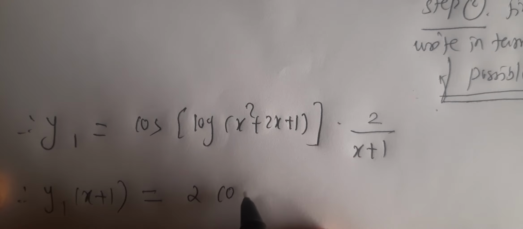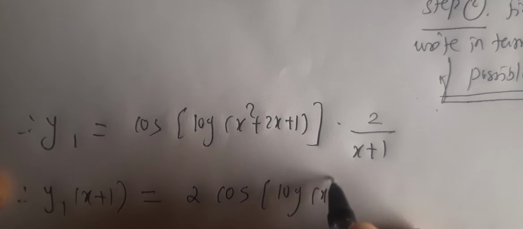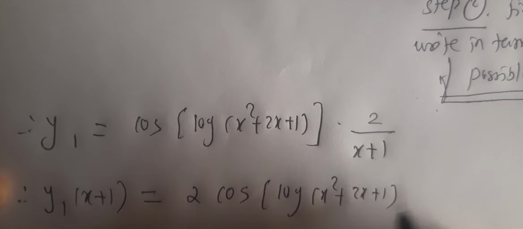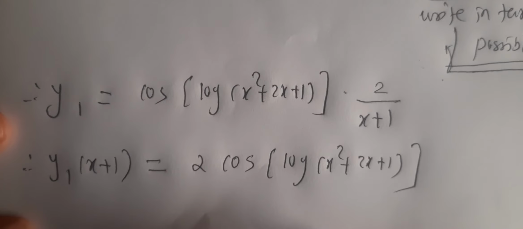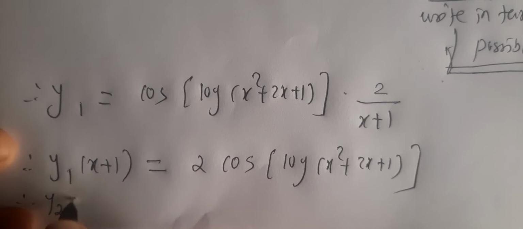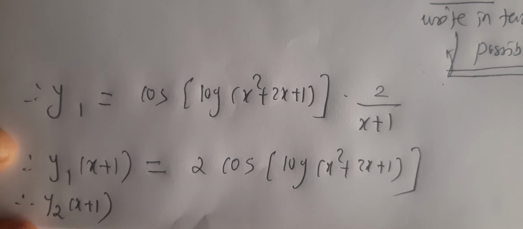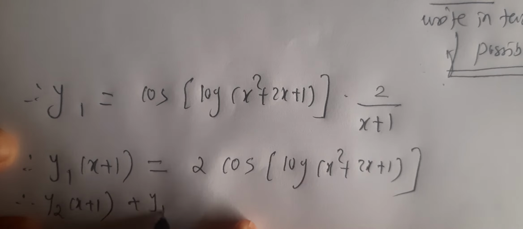This is y1 into x plus 1 equal to 2 into cos of log of x square plus 2x plus 1. And now I'll go for y2. So you can try this. What is the derivative? uv. So this is y2 into x plus 1 as it is plus y1 as it is.